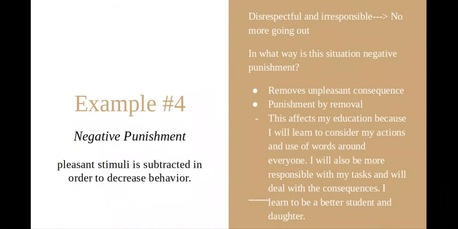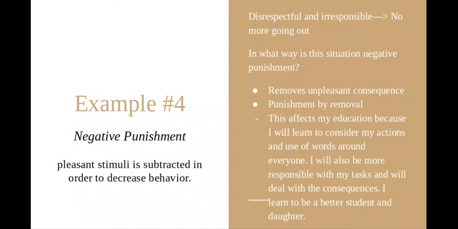For example number four, we have negative punishment. Pleasant stimuli is subtracted in order to decrease behavior. In this case, being disrespectful and irresponsible results in no more going out. In what way is the situation negative punishment? Punishment is by removal, which means if we do something negative, it would result in something negative.